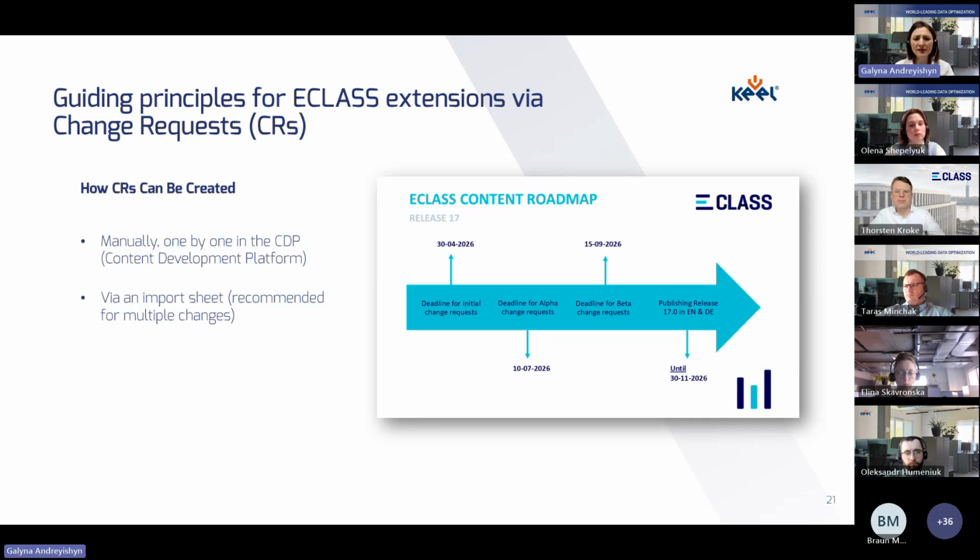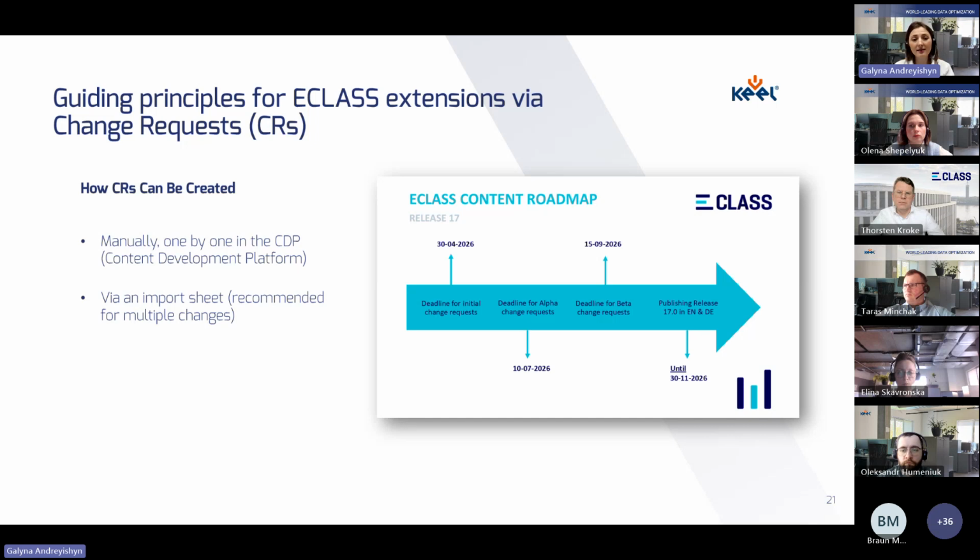changes. It is also important to follow the official content roadmap and release cycle. ECLASS operates with defined deadlines for submitting change requests before each new release is published. This means that extensions must be planned in advance.